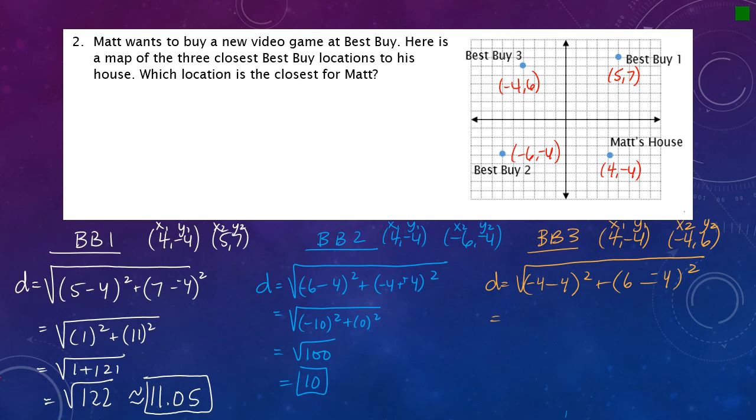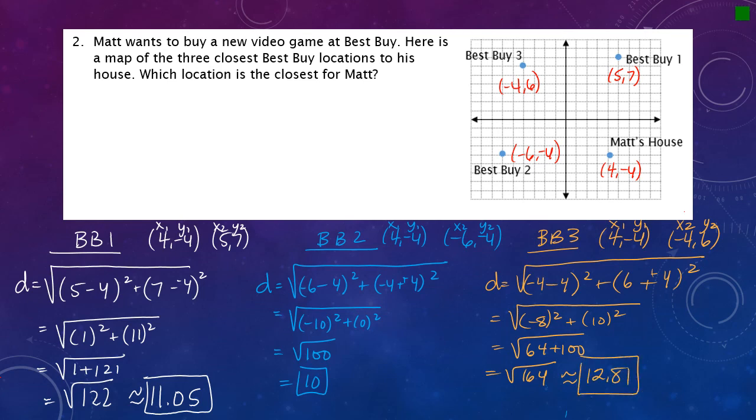All right, so I get -4 minus 4 is -8 squared. 6 minus -4 turns into 6 plus 4, which is 10 squared. So right here I have 64 plus 100, or the square root of 164. And if you type that into your calculator and you figure out the decimal, it turns out to be 12.8. We'll say 12.81 since I rounded the other one to 2 decimal places. So 12.81 is the distance.